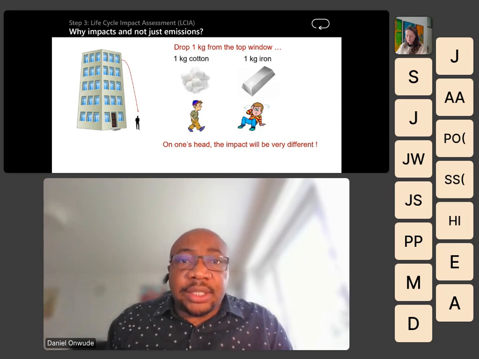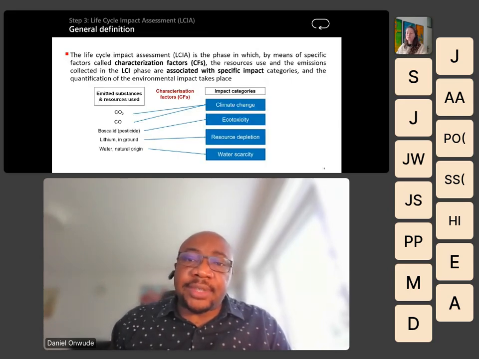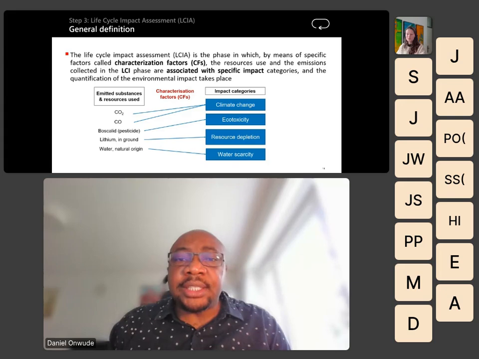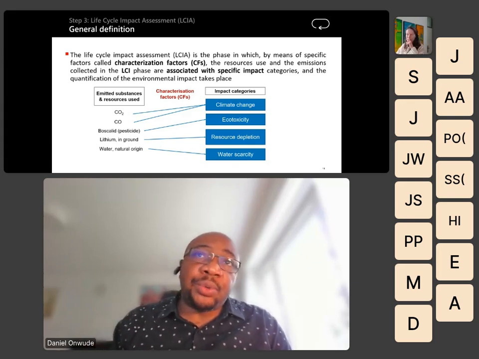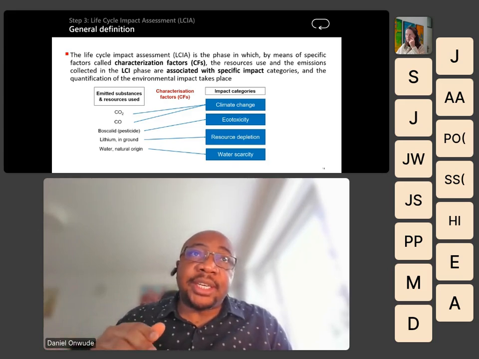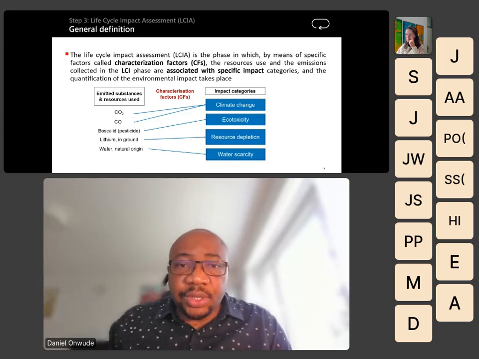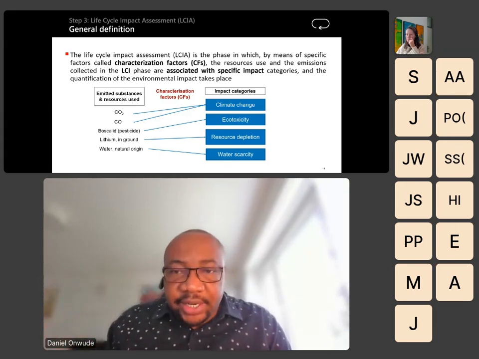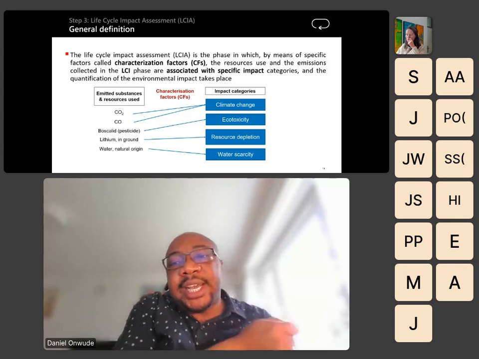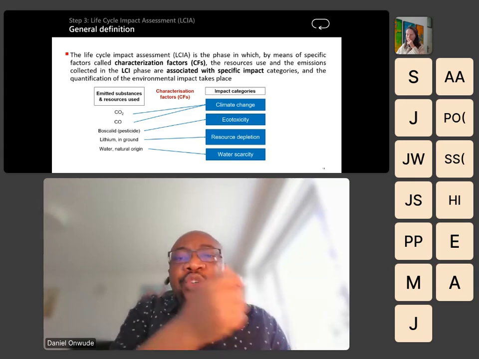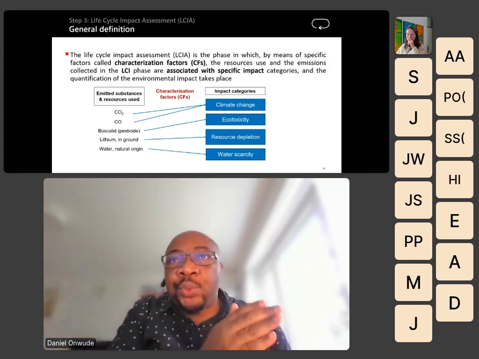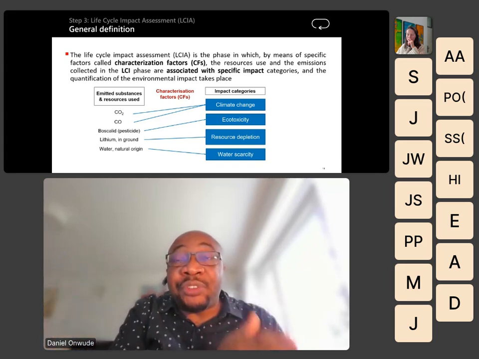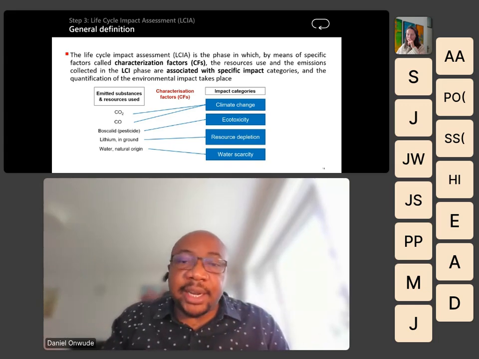Anyways, now let's look at some definitions about the life cycle impact assessment. In this slide, you could see different impact categories. We have a concept called characterization factor, and then you have the emitted substances or resources used. What does all this mean? Once we take the inventory data and translate it into environmental impact using characterization factors, we have to make sure that this is done in a consistent manner.